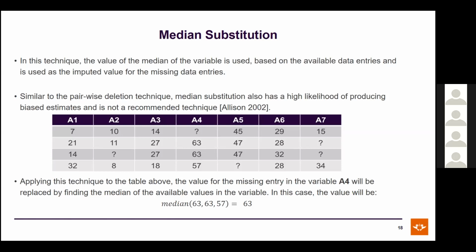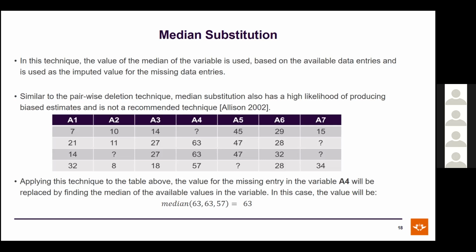If we do A7 using the median, we have just two available values, 15 and 34. So we'll do 15 plus 34 divided by 2. That's 49 divided by 2, so 24.5.